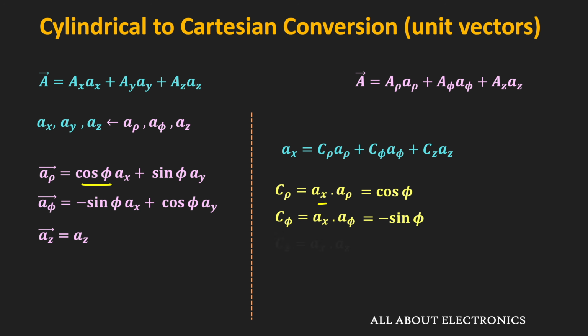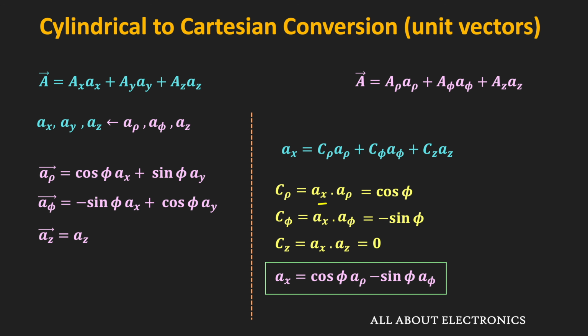And similarly, this cz is equal to ax dot az, and that is equal to 0. So from this we can say that this ax is equal to this cos phi times a rho minus sin phi times a phi. So in this way, we got this unit vector ax in terms of the unit vectors a rho, a phi and the az.